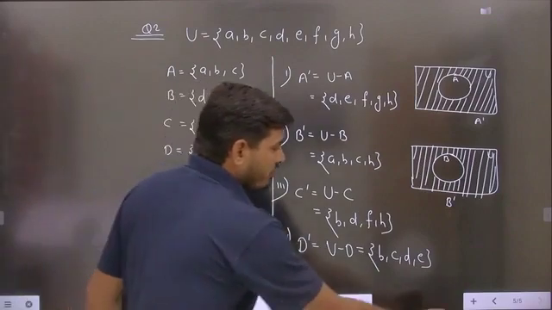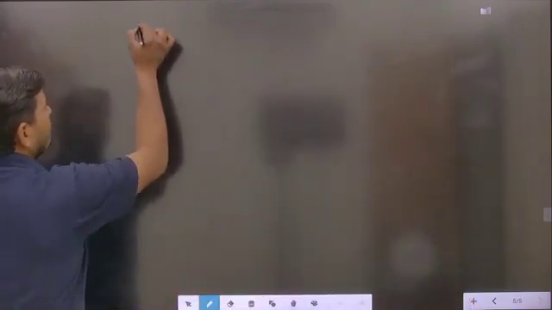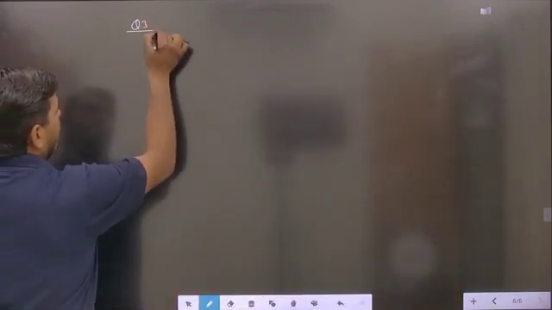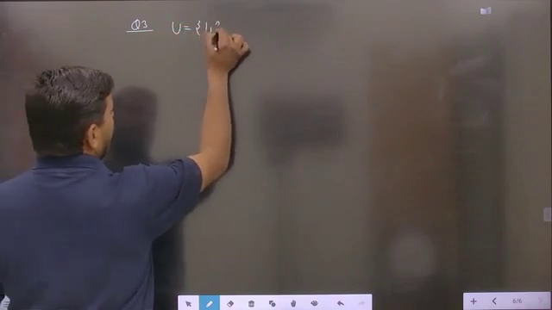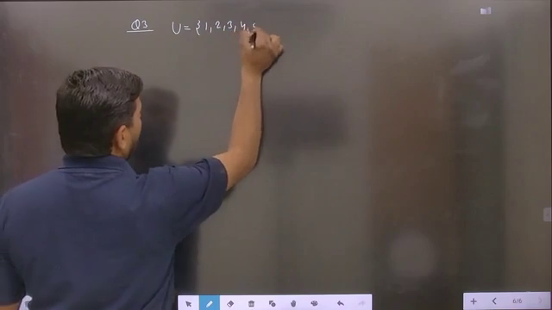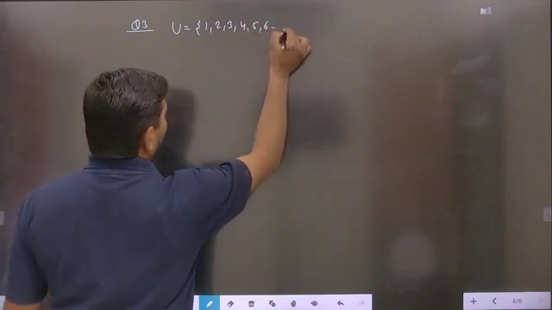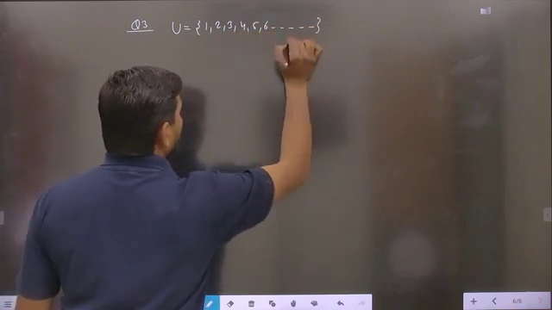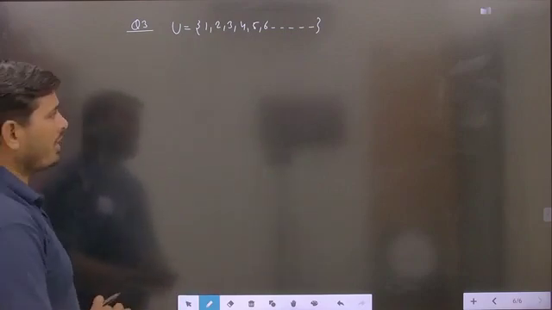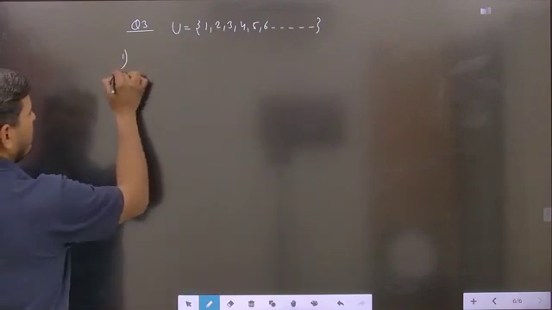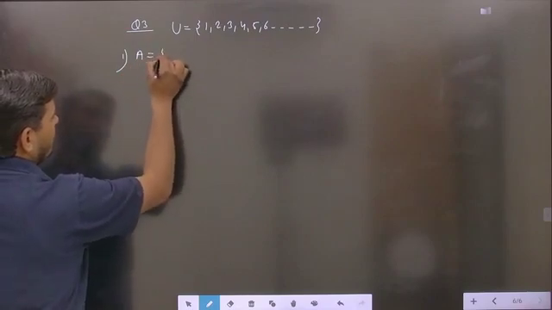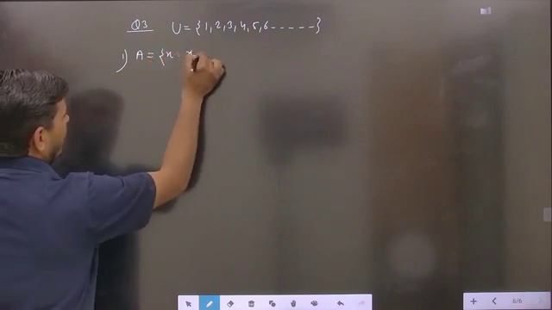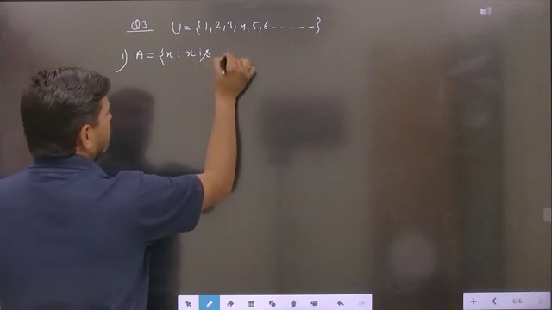So next, question number 3 is to be taken, then U is given as the set of natural numbers. So you can say that this is 1, 2, 3, 4, 5, 6 and dot dot dot, because there are so many natural numbers. In the very first part, a set A is given as x such that x is an even natural number.